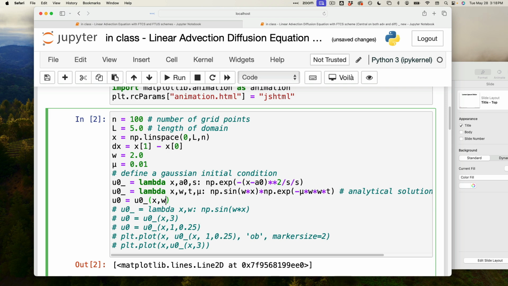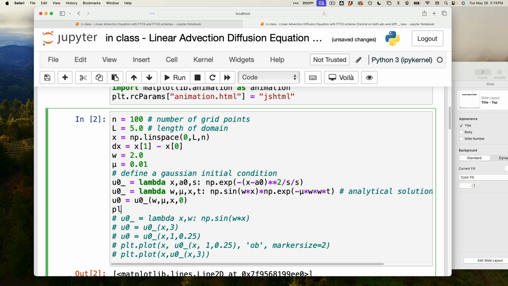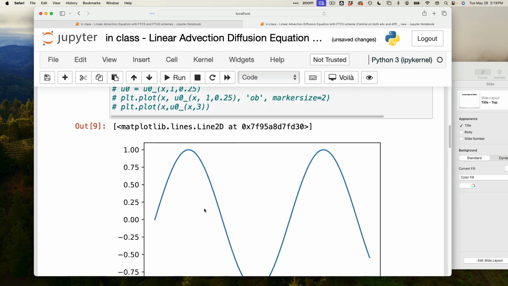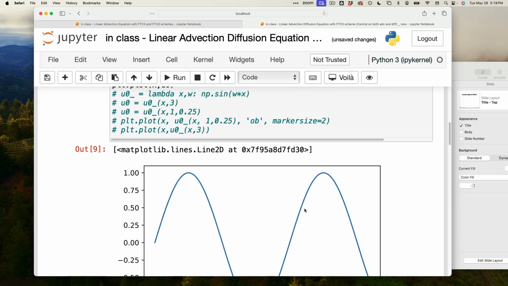This is terrible. I should put x and t at the end. So we will do omega, mu, for all x and t equals 0, and then I'll plot it. X and then u0. And this is my initial condition.